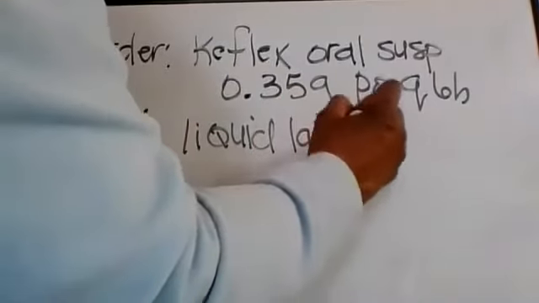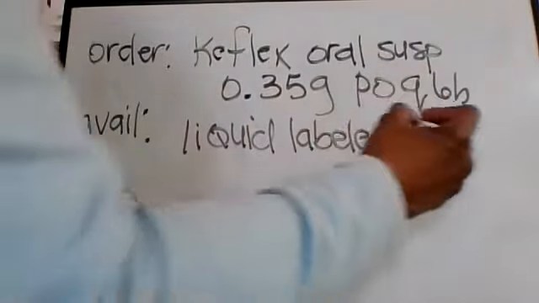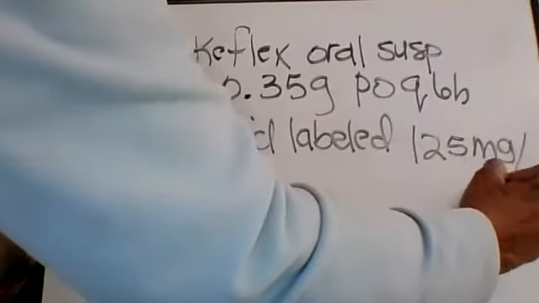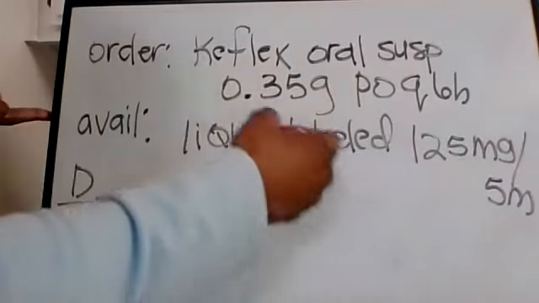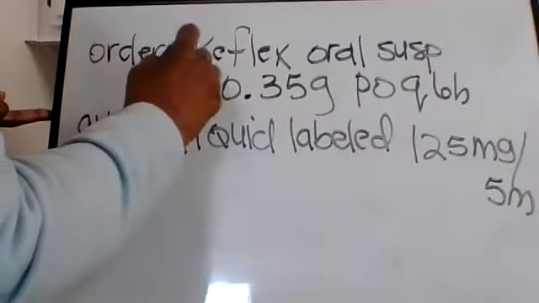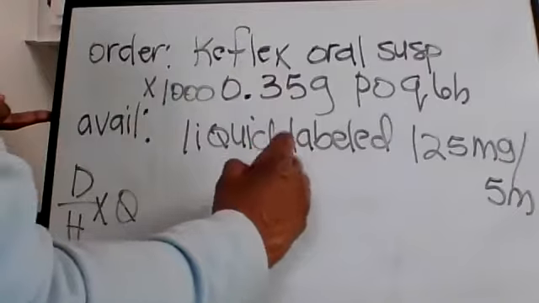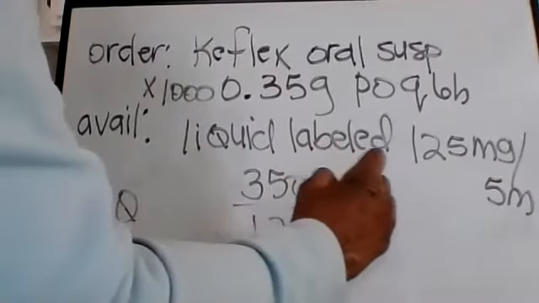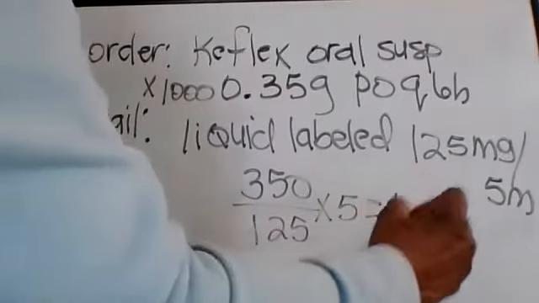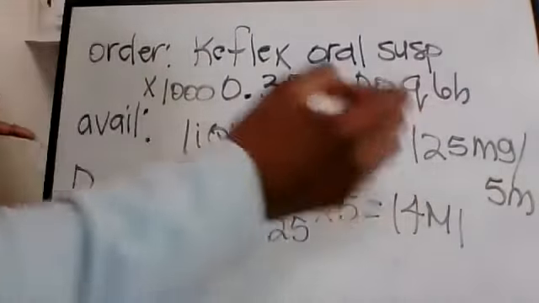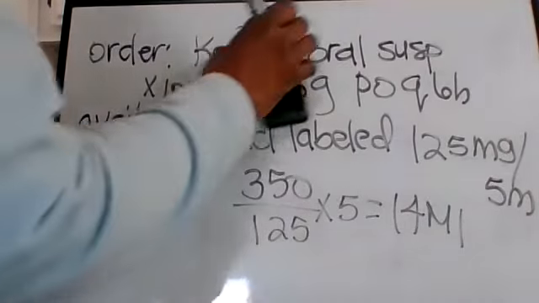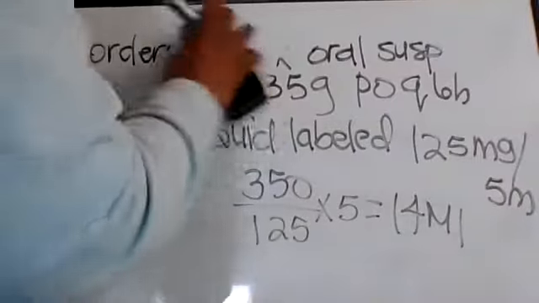Oh, I'm so sorry, folks. 125 milligrams per 5 milliliters, right? So we multiply this by 1,000, and we come up with 350, divided by 125 times 5. And the answer, folks, is 14 milliliters. Okay, there we go. All is well. Now I got that out of the way.